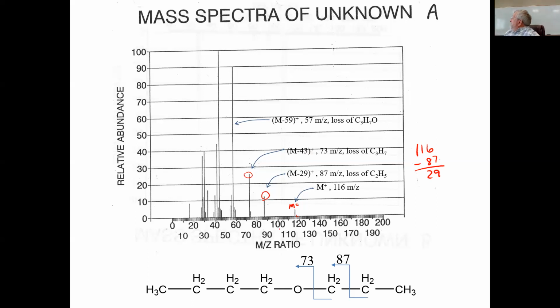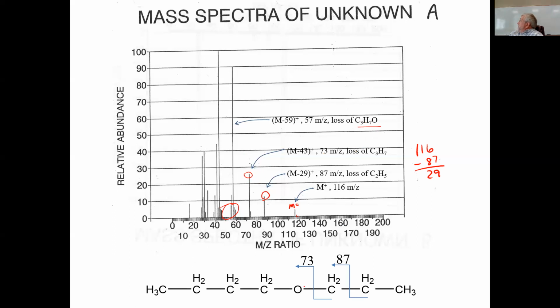And that's kind of why you get this grouping of fragments. There's a little movement of some atoms, particularly hydrogens, within a structure as it breaks up. And so this is loss of 15 actually. From here to here would be 15, so it's probably that.